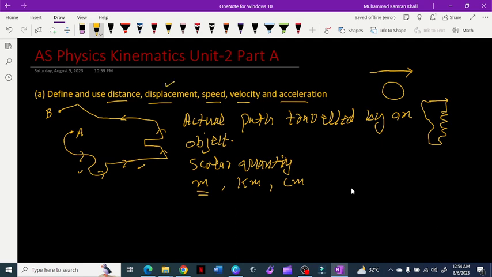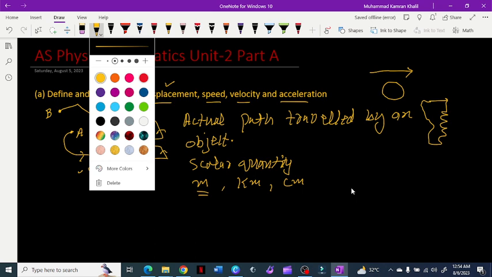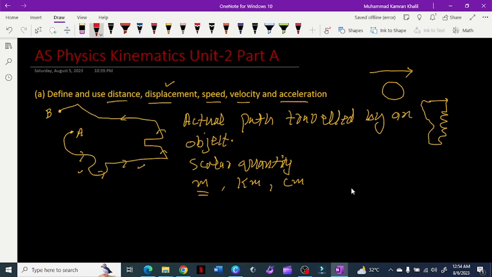Now we will move towards the displacement. If I want to move from A towards B, in this example you can see that if we travel in a straight line, this straight line will give you the shortest path between the two cities A and B. So that path is the displacement. How can we define the displacement?